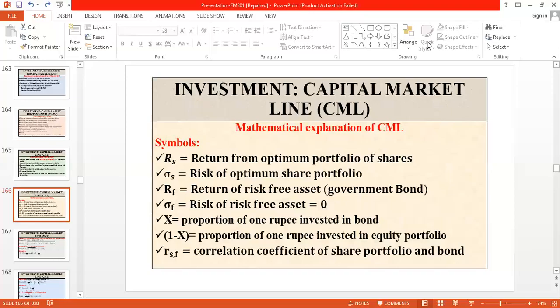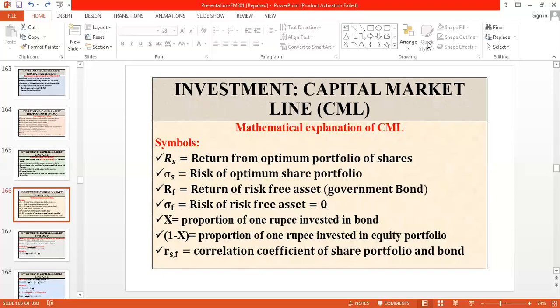RF is the return of the risk-free asset, the government bond. Sigma F is the risk of the risk-free asset, which is actually zero. X is the proportion of 1 rupee invested in the bond. 1 minus X is the proportion of 1 rupee invested in the equity portfolio, and RSF indicates the correlation coefficient of the portfolio of equities and bonds.